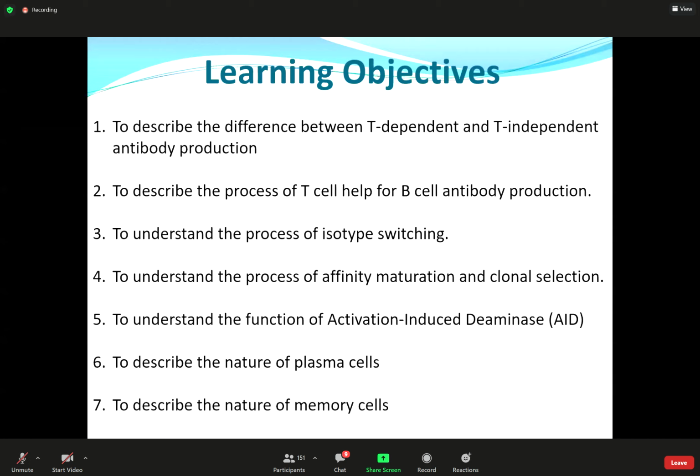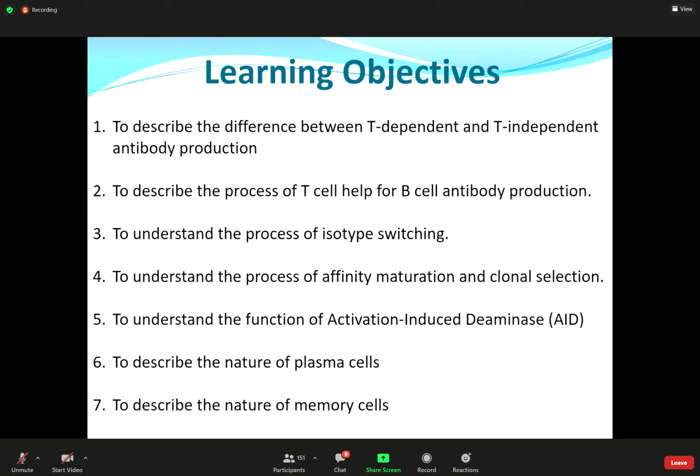In other words, we are immediately born with antibodies even before we are exposed to antigen. These are produced by the so-called B1 lymphocytes. They don't require T cell help.